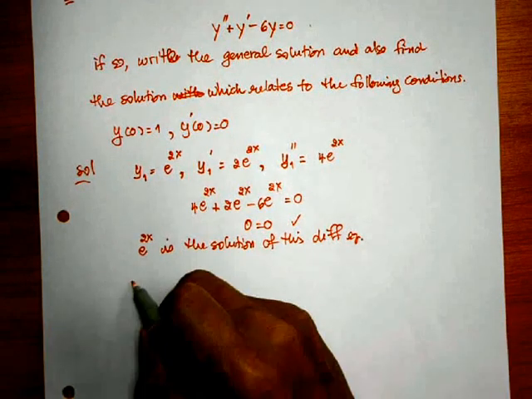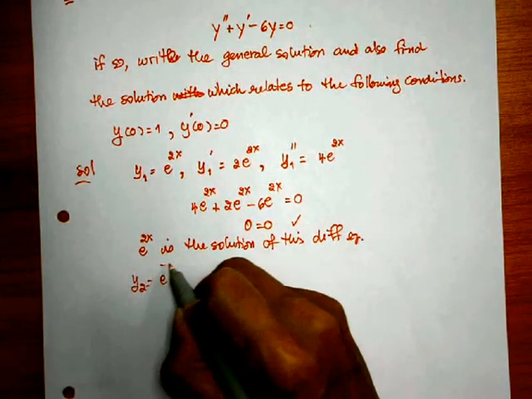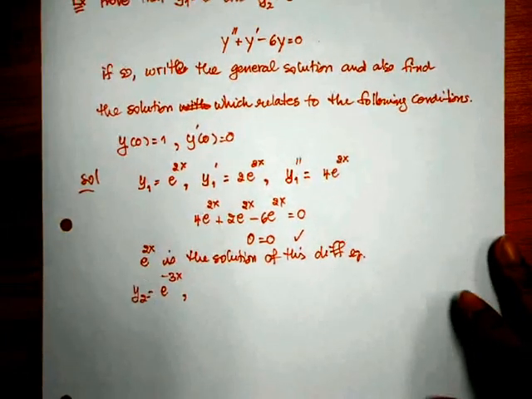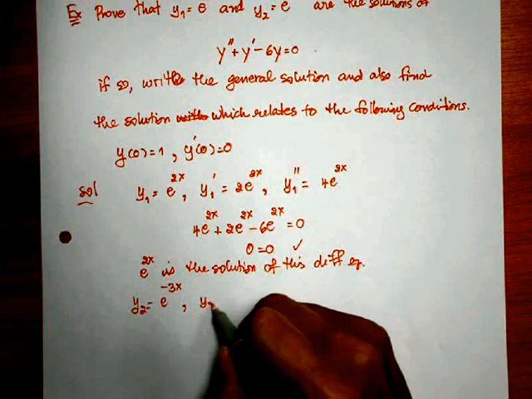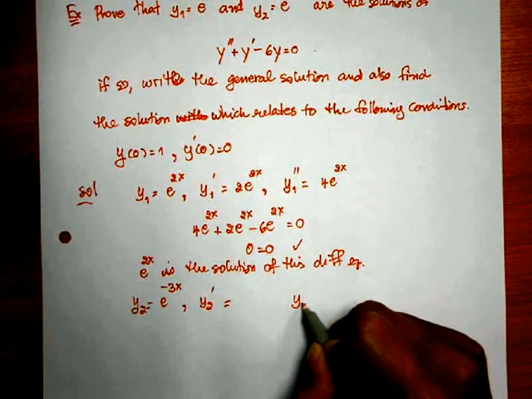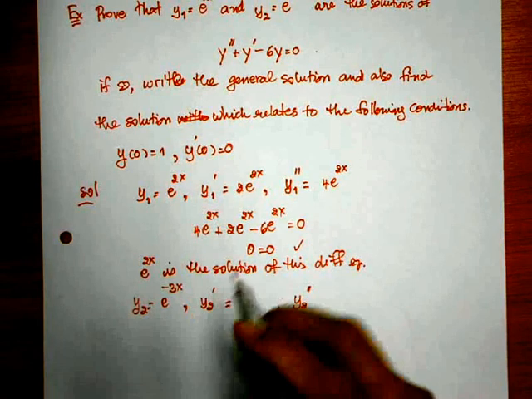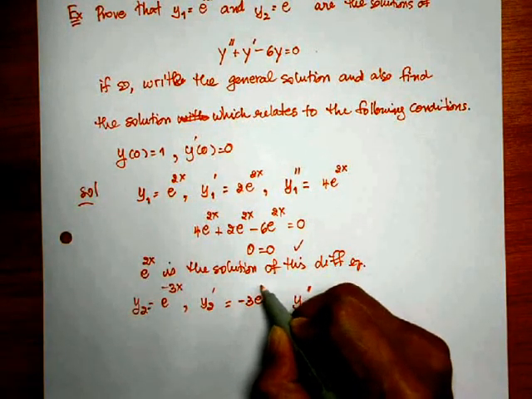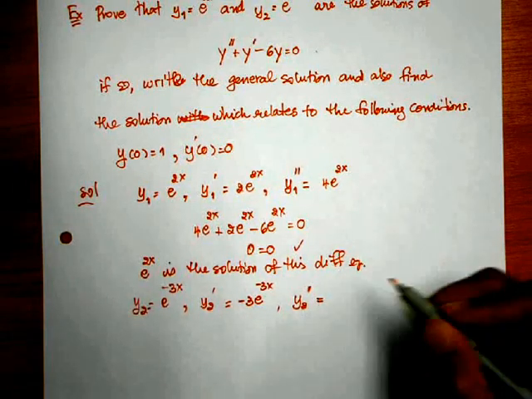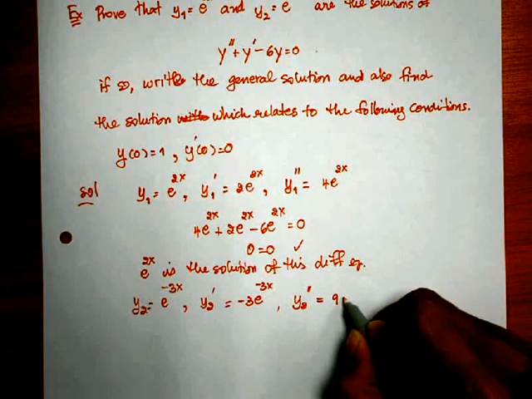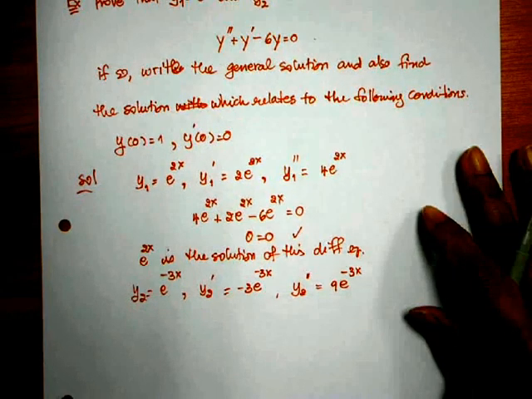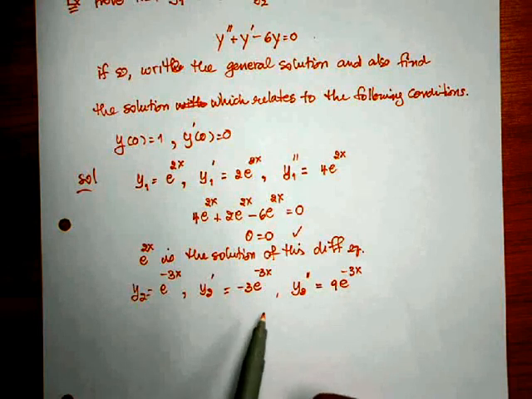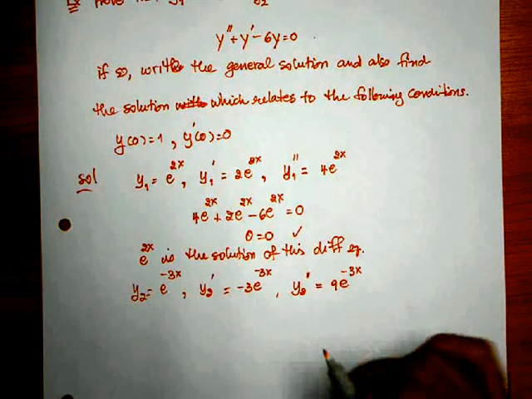Do the same for y2. y2 is equal to exponential of minus 3x. You do the first derivative and the second derivative. The first derivative you get is minus 3 times exponential of minus 3x, and the second derivative you would get is 9 exponential of minus 3x. Again, plug y2 and its derivative terms back into the differential equation.